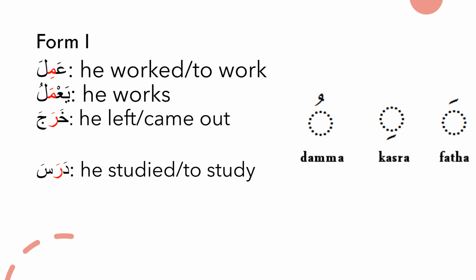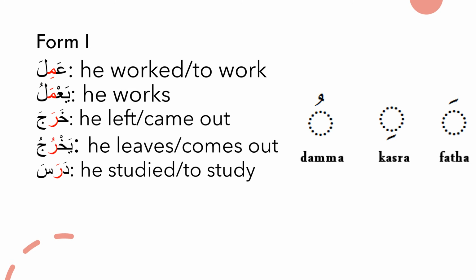Because as I said, form 1 is fairly irregular. It's just one of the things we have to learn. Same with kharaja, it becomes yakhruj. Then we have yadrus. So at least we can see we always have a sukoon on the first core letter, but then it's the second one where we have to learn what it has.